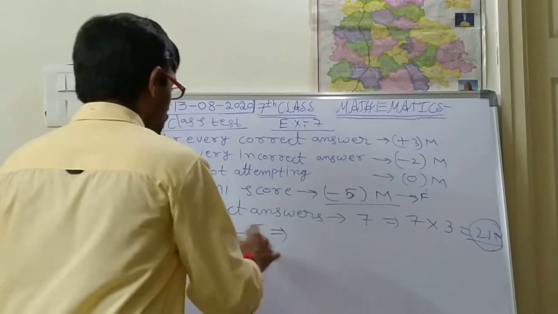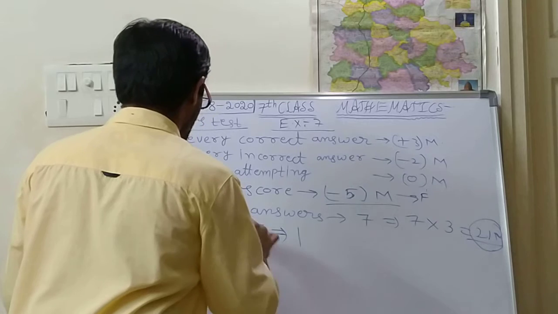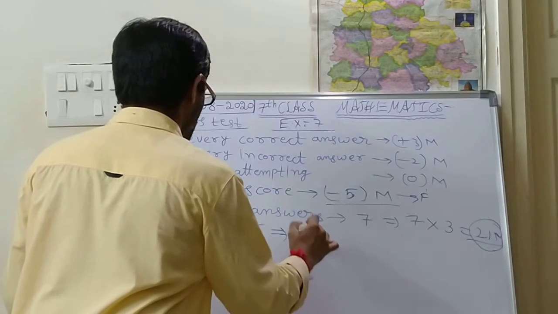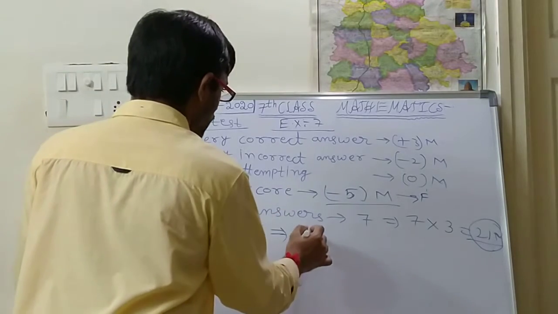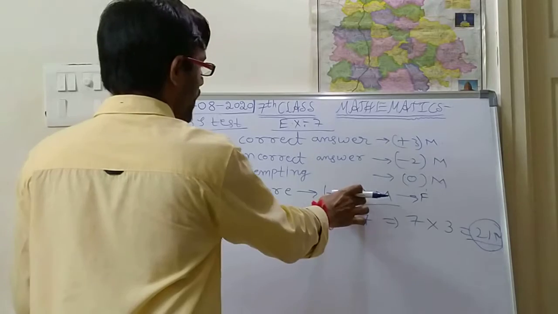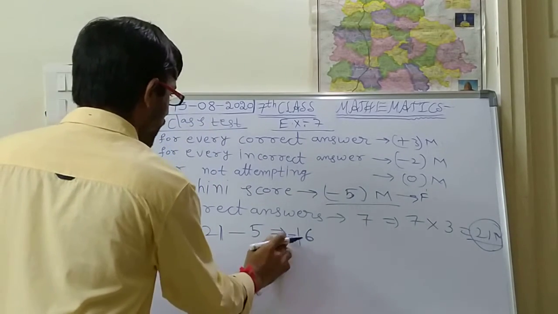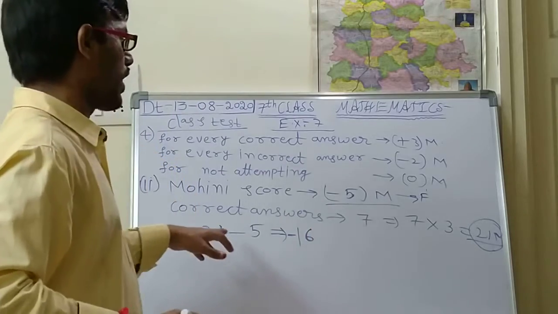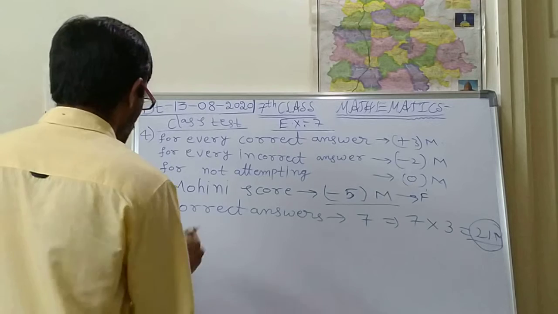It is 16. This should be negative only, because minus 5 plus 21. So here we are finding the incorrect answers. So like this you do it.